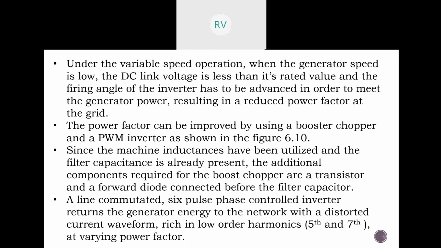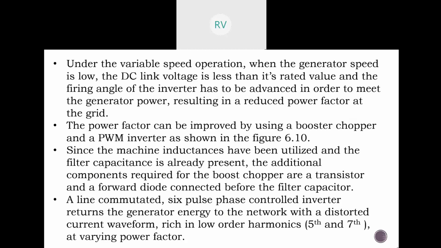Next, under variable speed operation, when the generator speed is low, the DC link voltage is less than its rated value, and the firing angle of the inverter has to be advanced in order to meet the generated power, resulting in a reduced power factor at the grid.